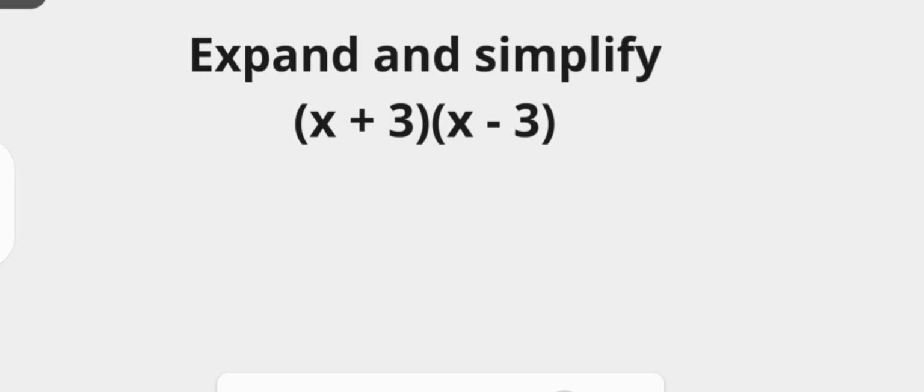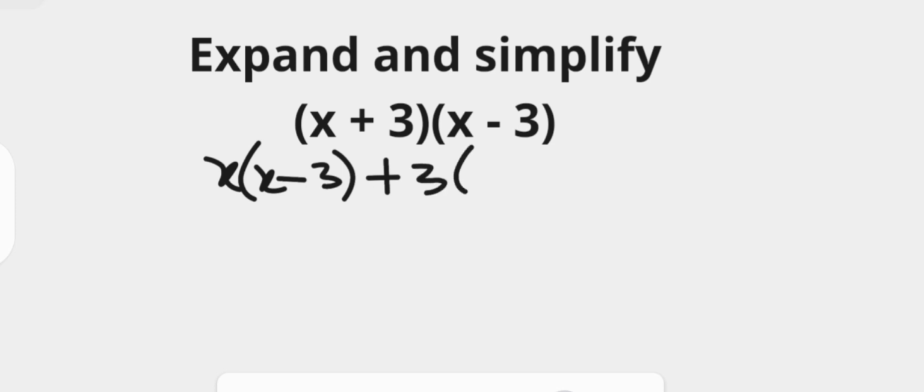Let us try this other one. To expand this also, we are going to be using the distributive property of multiplication, and that gives x times x minus 3, which is the second bracket, then plus 3 times x minus 3.